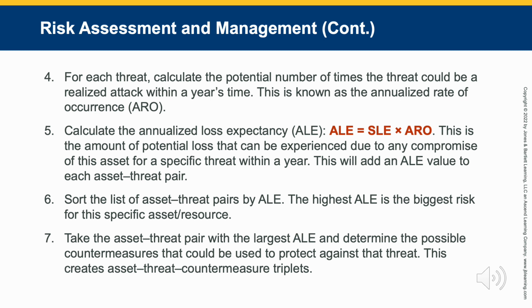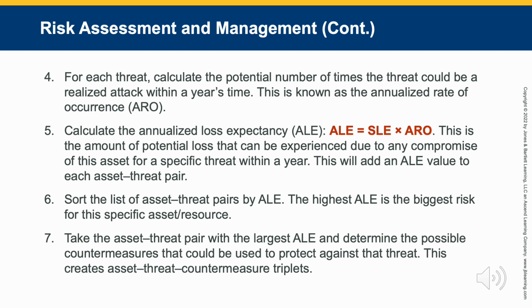For each threat, calculate the potential number of times the threat could be a realized attack within a year's time. This is known as the annualized rate of occurrence. To calculate the annualized loss expectancy, we'll use this formula, and this is the amount of potential loss that can be experienced due to any compromise of this asset for a specific threat within a year. This will add the ALE value to each asset threat pair.